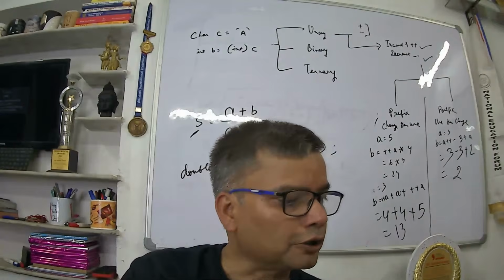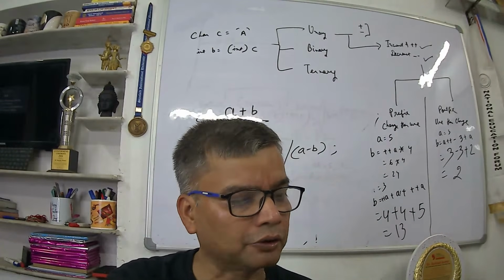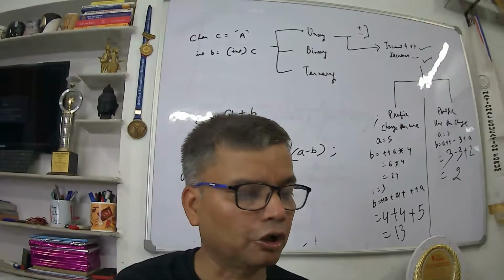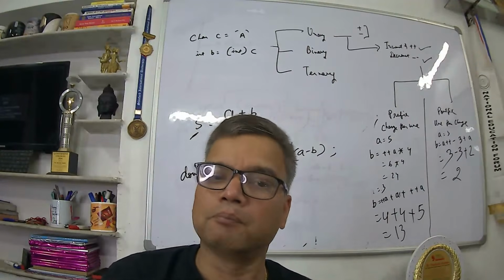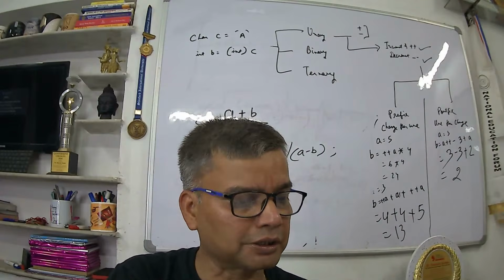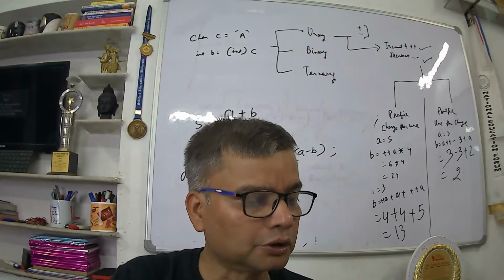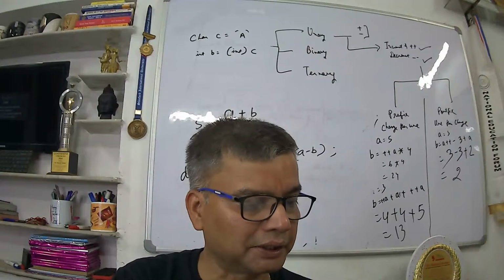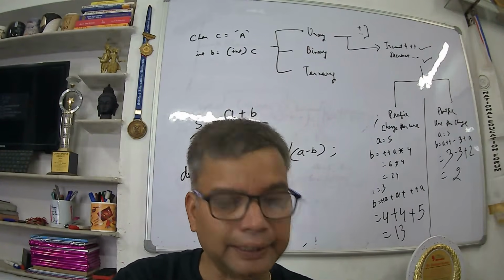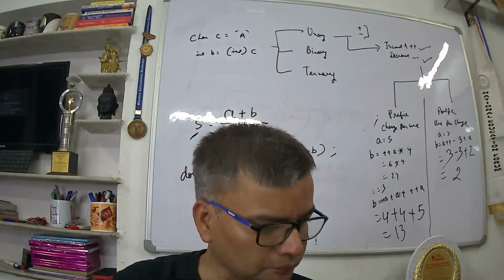So math.min, math.max, math.pow, math.sqrt, math.cbrt to find the cube root, math.log to find the logarithmic value to the base e, math.abs to find the absolute value. Math.abs returns the absolute value. Math.round rounds to the nearest integer. The return type of math.round is int or long.